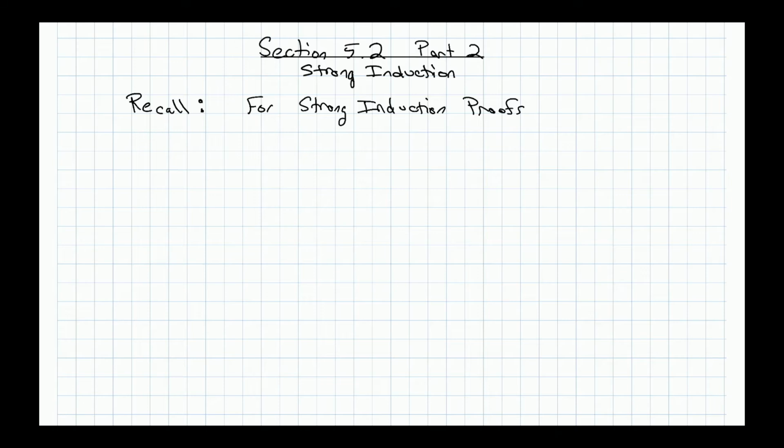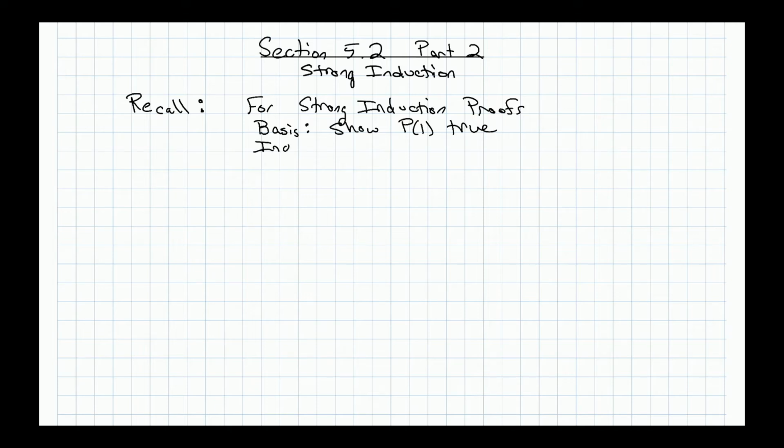what you do is you have a base step or basis step, and your basis is you're going to show, let's just say, P of 1 is true. Remember, property P is what you're trying to prove. So you do that.